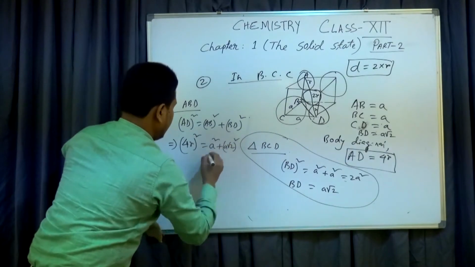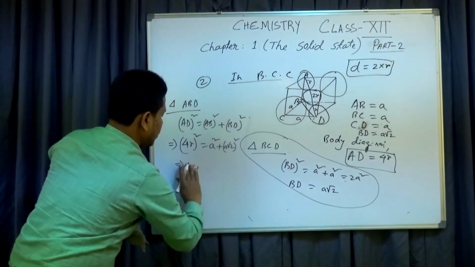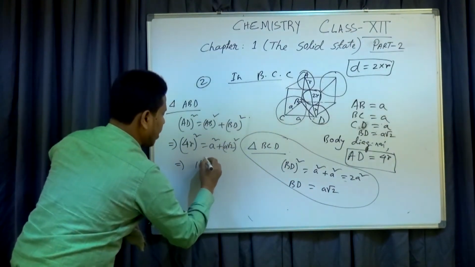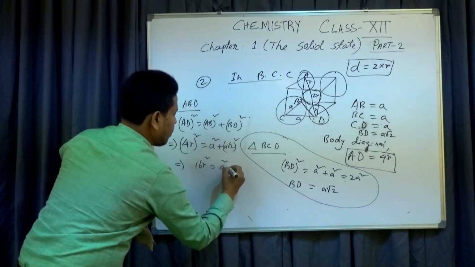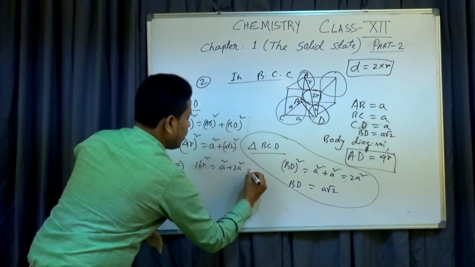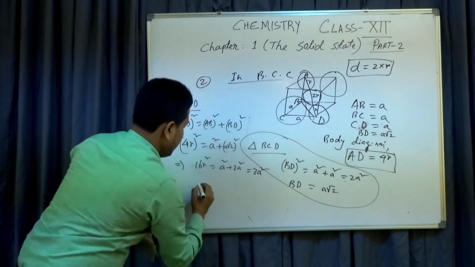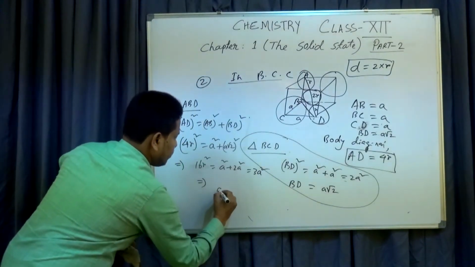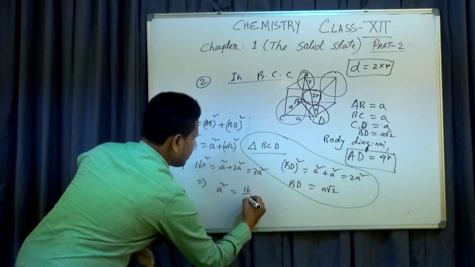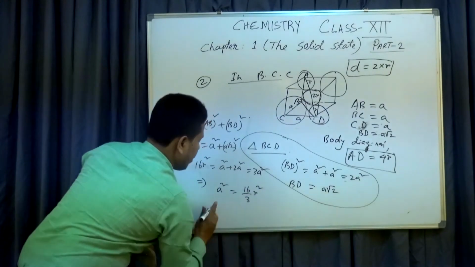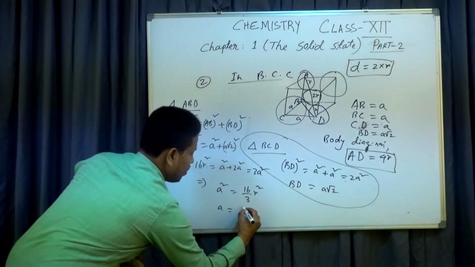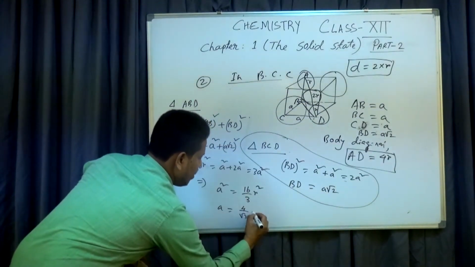(A root 2) square. That is 16R square equals A square plus 2A square, that is 3A square. This implies A square equal to 16 by 3 R square, that is A equal to 4 by root 3 R.